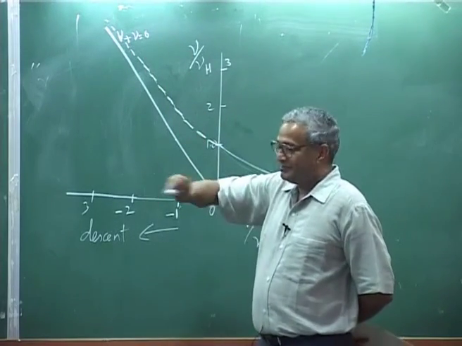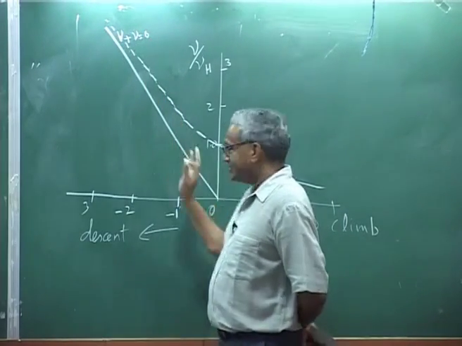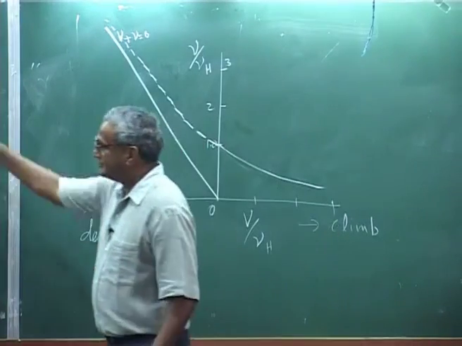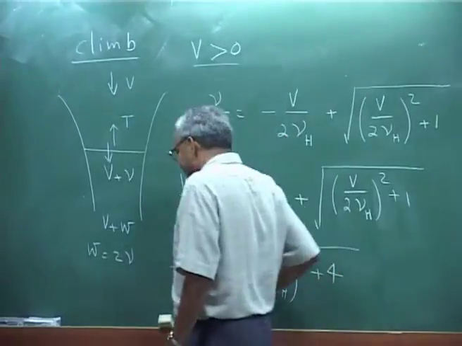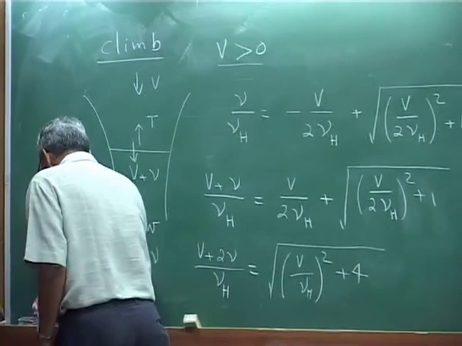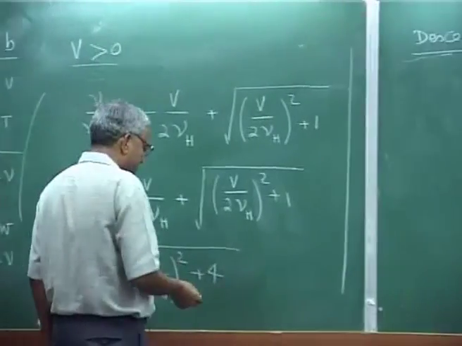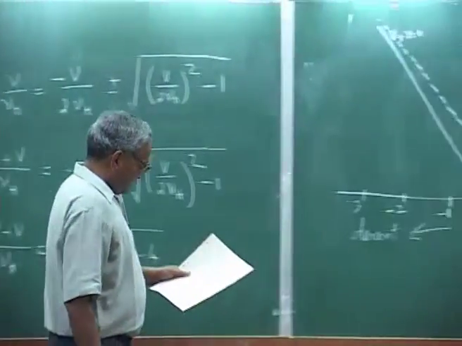Now, let us go and then plot. This is only an extrapolation of what is valid here. Let us plot the curve for descent separately. Let us take a slightly different color.